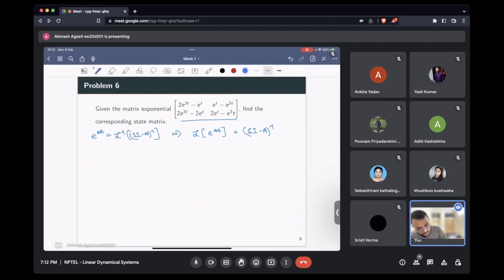So maybe you guys want to try this out. First, find out the Laplace transform of e to the power At.